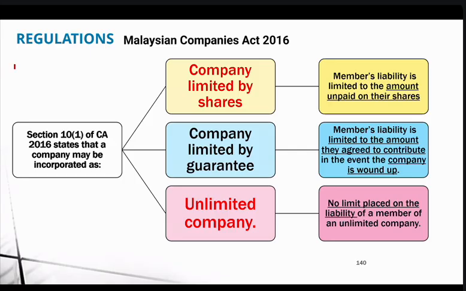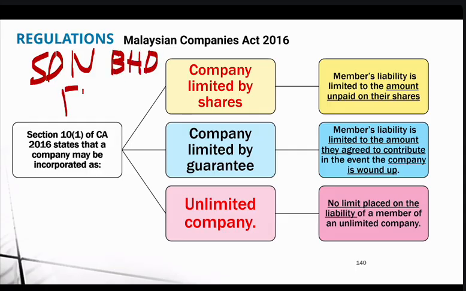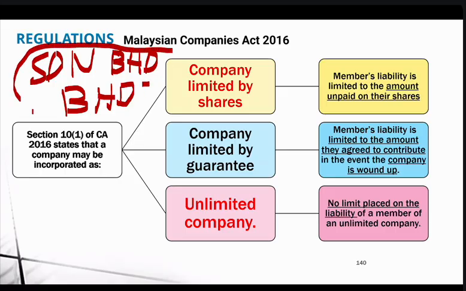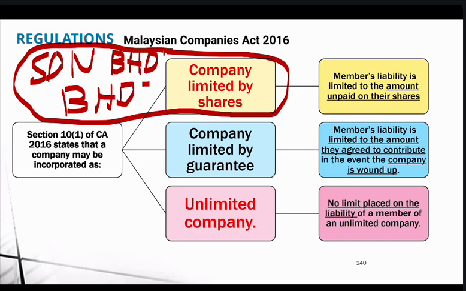All Sendirian Berhad and Berhad are all under companies limited by shares. That means their liability is limited to the amount unpaid in their shares.